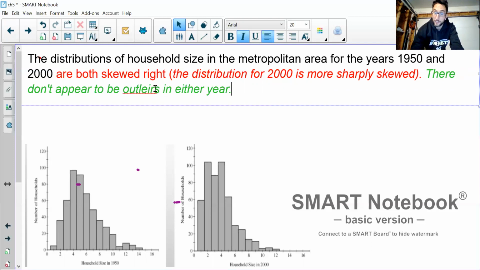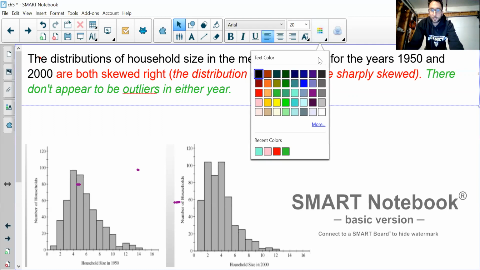As we say this, we can't say there aren't outliers because we don't definitively know that. We did not calculate the fences. We also don't need to write what's in green, because if there aren't any, we don't have to comment. And if there are no gaps, we don't have to write about gaps. We don't have to say there are no gaps in the household sizes for either year. But again, a lot of us like to go through that checklist.